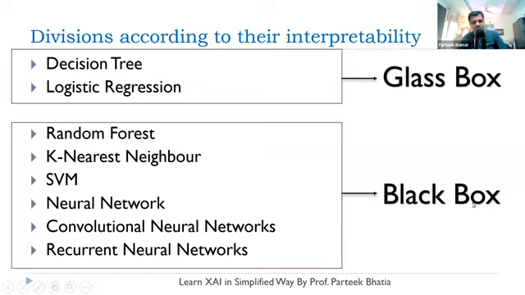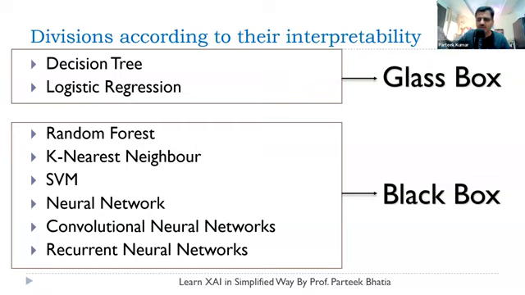It's very important to understand why we are using decision tree and logistic regression as glass box models. Can anybody tell me why we put decision tree and logistic regression under a different category compared to other algorithms? I'm waiting for your answer.